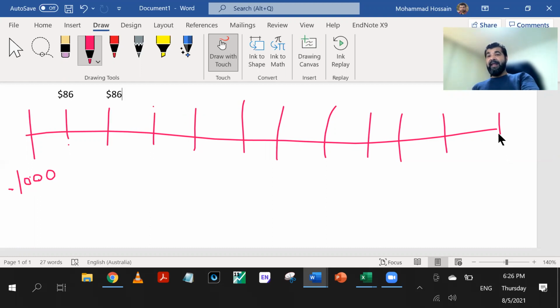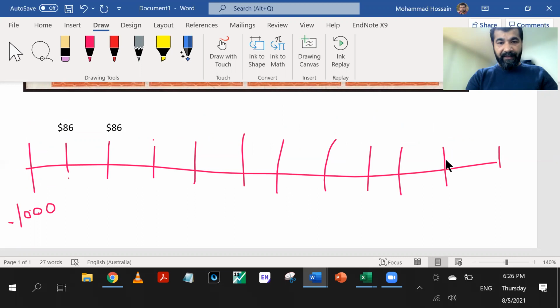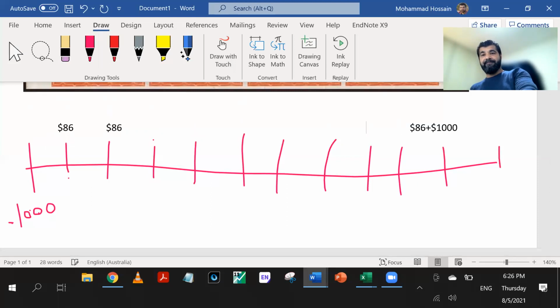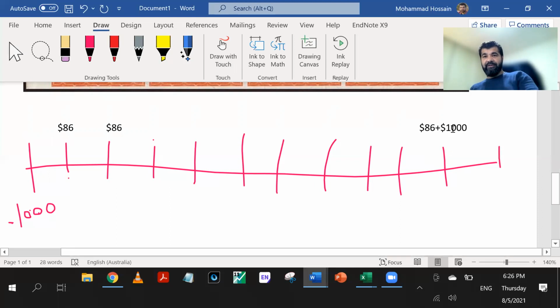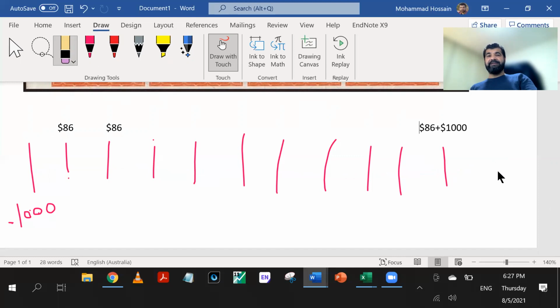In the last year, the government is giving you 86 plus the 1,000 you paid, which will also be returned. The last time, they will give you this.